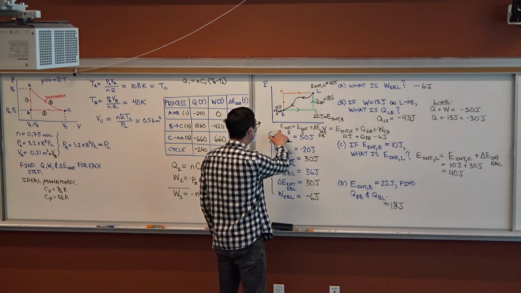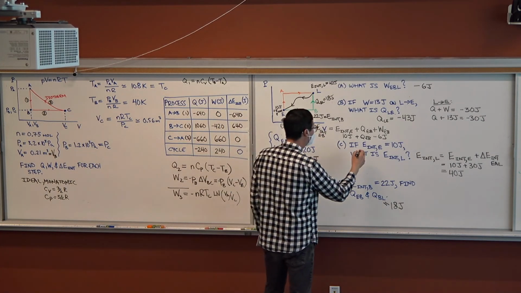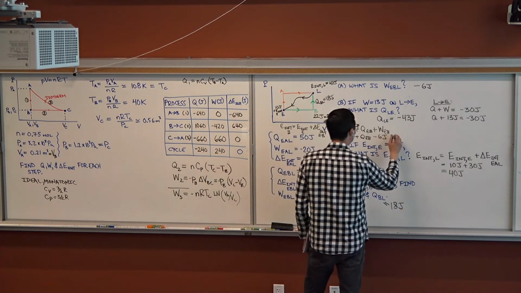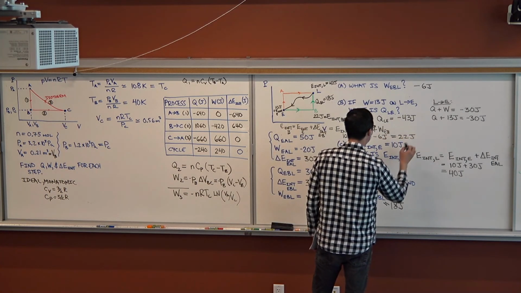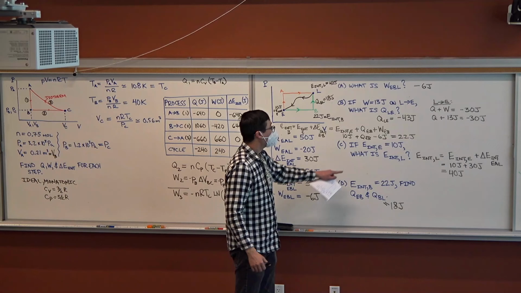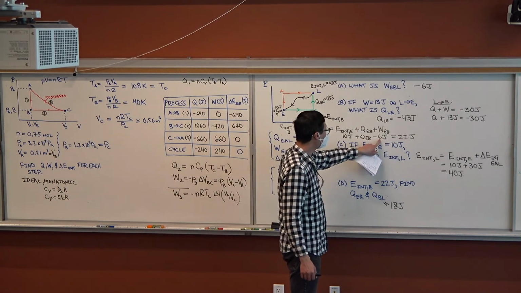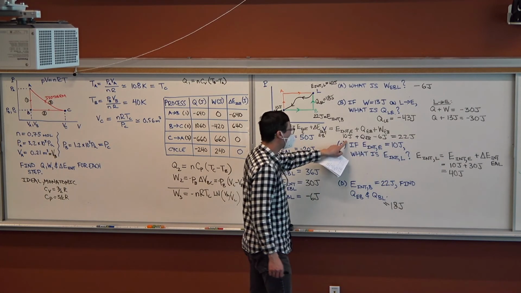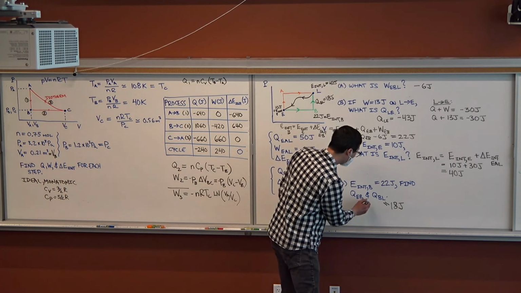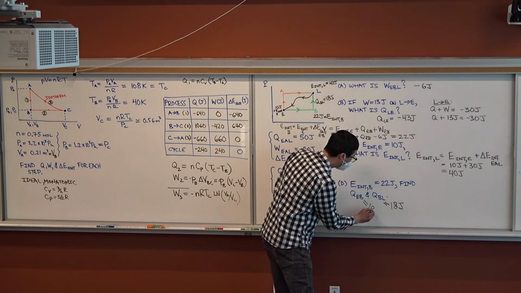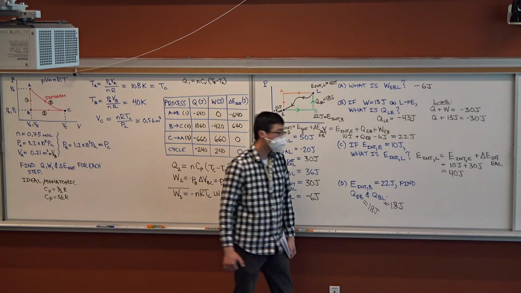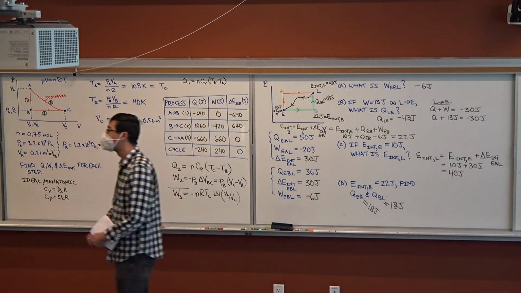And E internal at B is 22 joules. So all of this needs to equal 22 joules. So 22 plus 6 is 28, minus 10 is 18. Q from E to B is also 18 joules. Does that make sense?